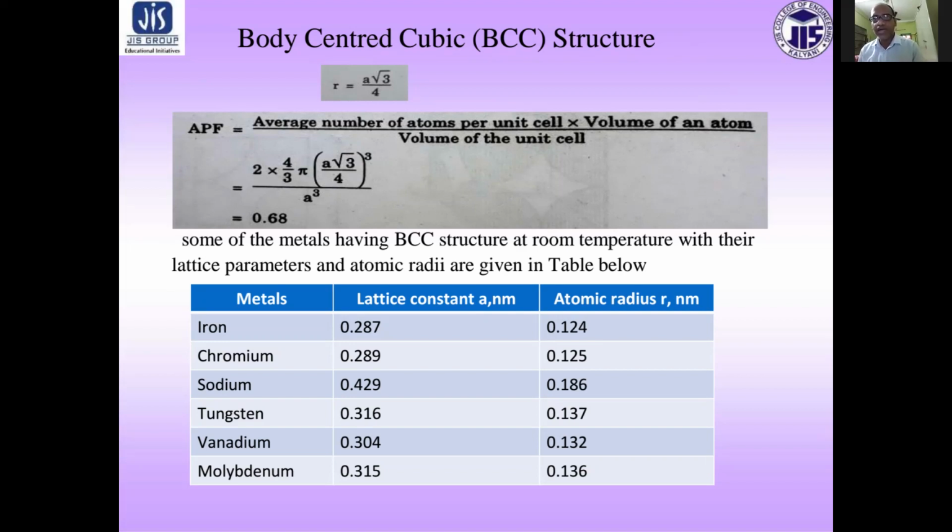Some of the metals having BCC structure at room temperature, with their lattice parameter and atomic radius, are given.